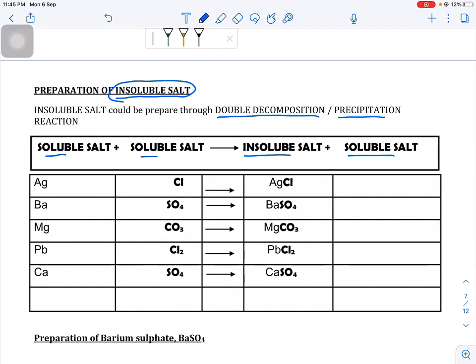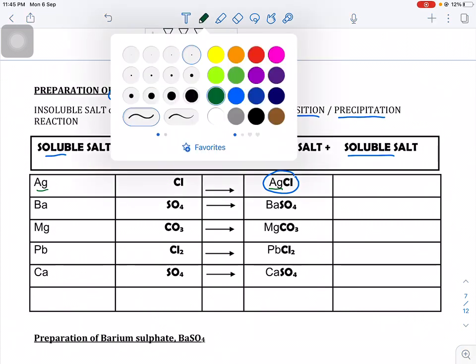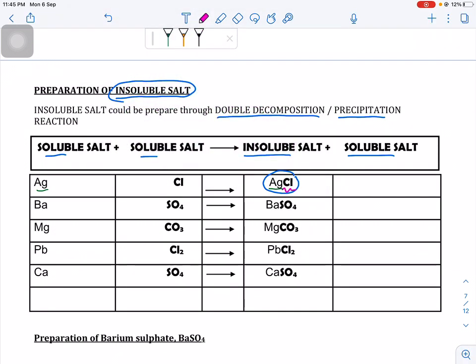As soon as I know that silver chloride is an insoluble salt, I'm going to suggest the preparation using the double decomposition or precipitation reaction. So I have silver and chloride. The first soluble salt is supposed to contain silver, and the second soluble salt is supposed to contain chloride.